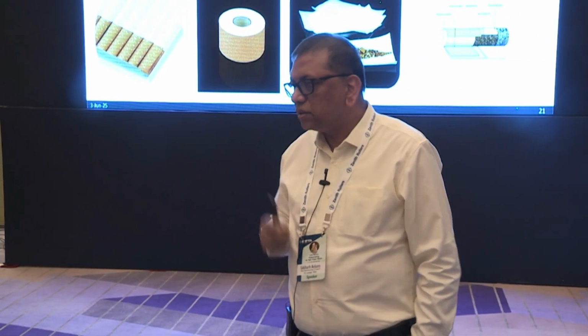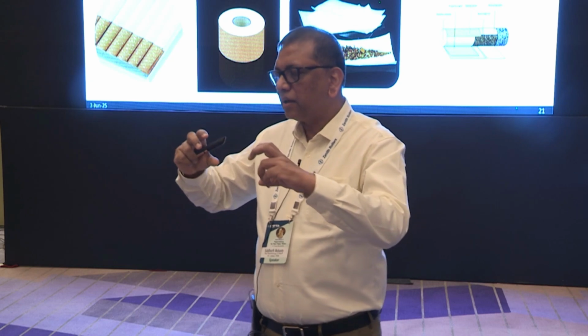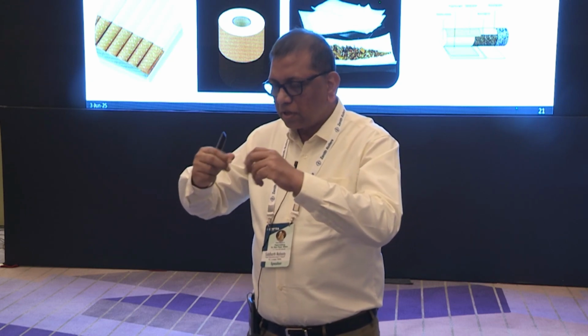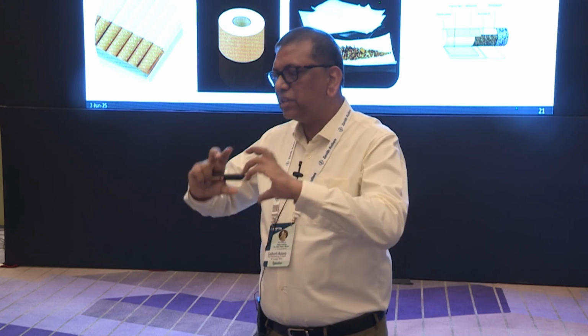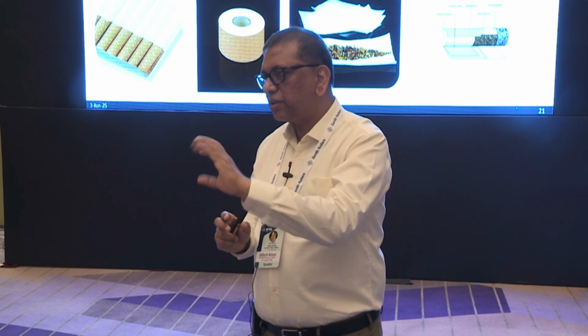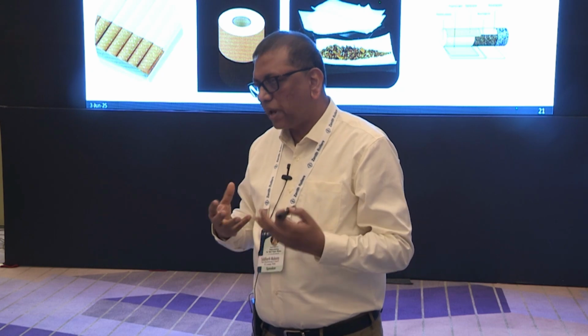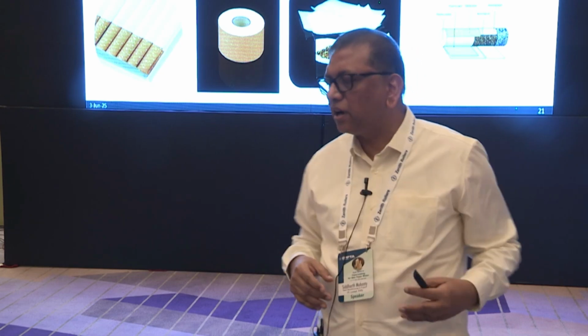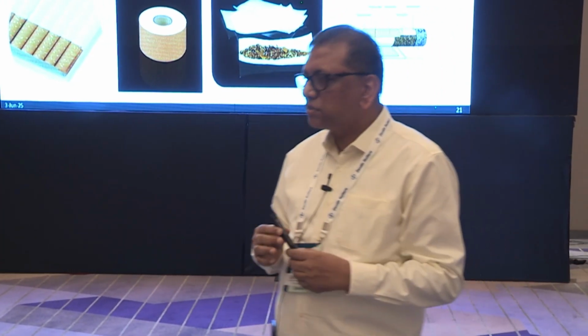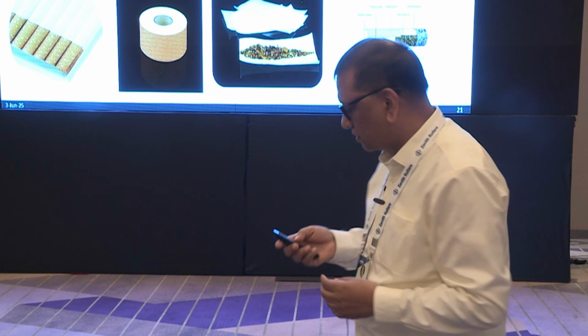Earlier the soaps had to be packed in an aluminum or poly kind of pouch, then put inside the carton. The carton is for brand building, and the inside is for protecting the packaging. But now the soaps come straight into the carton because the antifungal coating has been made in that.